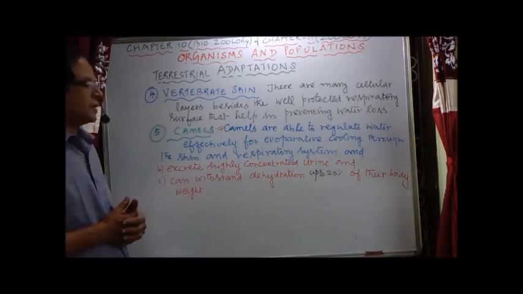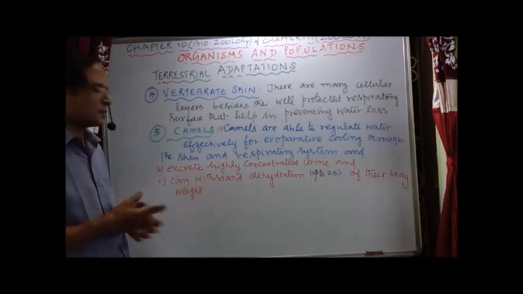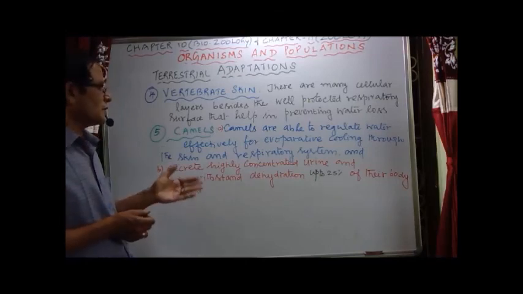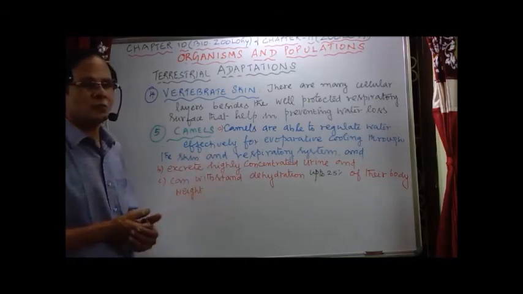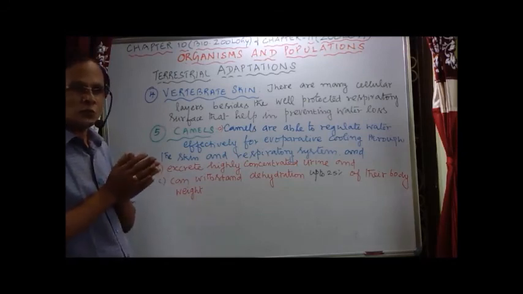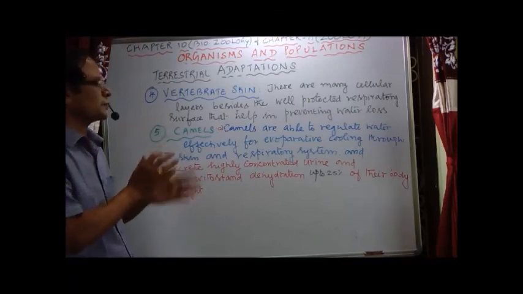Number 3, they can also withstand dehydration, which I mentioned in the previous lesson, up to 25% of their body weight. These are some of the adaptations of camels, which are desert animals, to withstand the desert, or xeric, conditions.